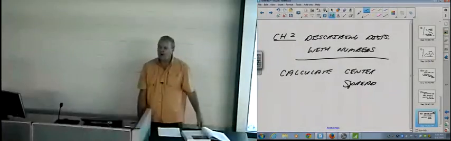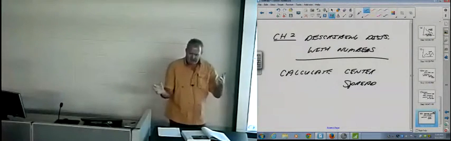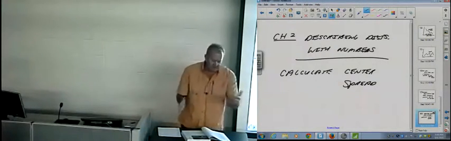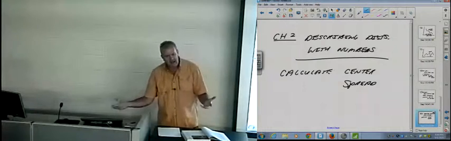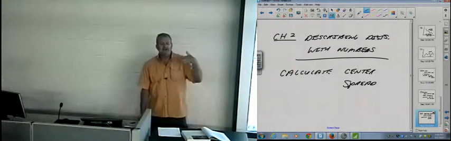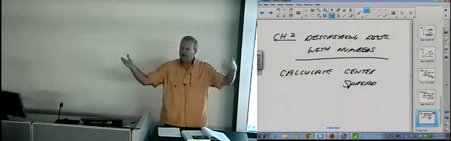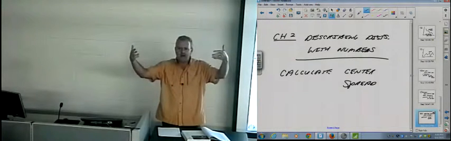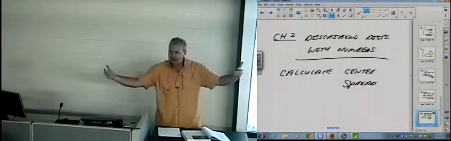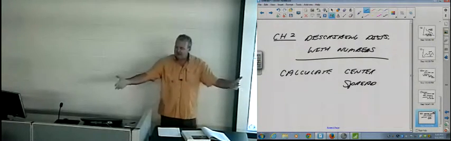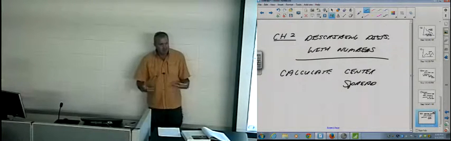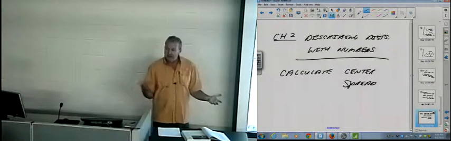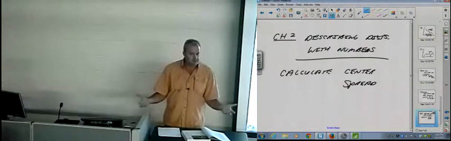No more eyeballing for the center, saying, okay, where's the 50-50 point? Where's half the observations smaller, half larger? We're going to calculate the center. No more just giving me the smallest and the largest for the spread, depending on whether you're looking at a table or a histogram or a stem plot. We're going to calculate, right? That's two things that, when we're done here, I hope that I've actually accomplished, that we can calculate the center and that we can calculate the spread, all right?